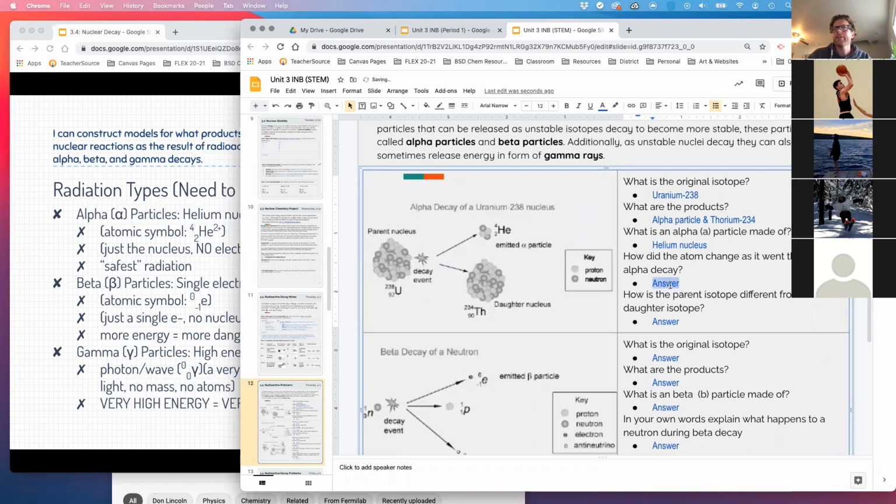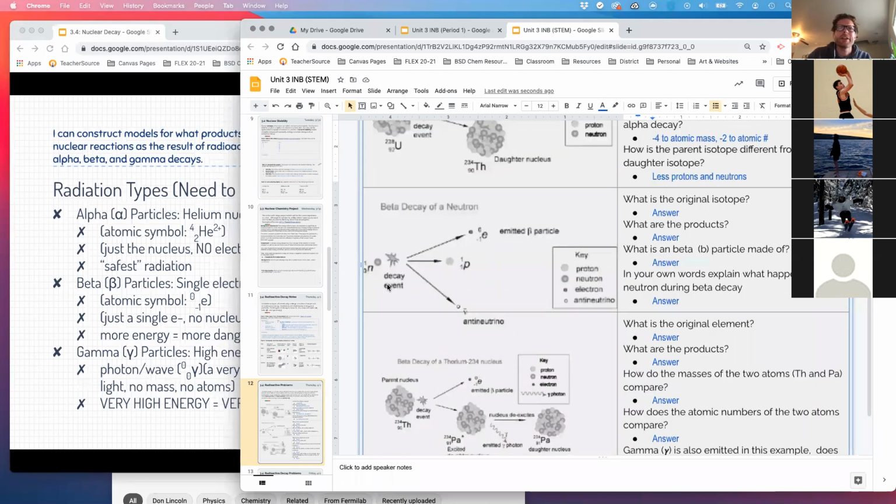And how did the atom change as it went through alpha decay? It had -4 to atomic mass. In other words, 238 to 234, and -2 to the atomic number. All right, how is the parent isotope different from the daughter isotope? Well, basically what I just said, but less protons and neutrons.